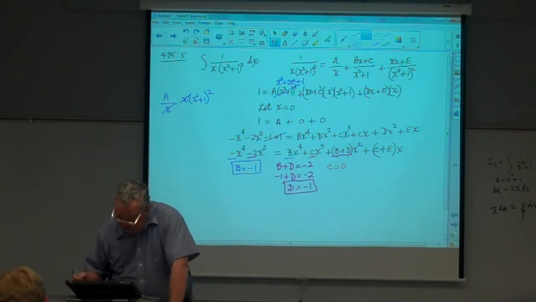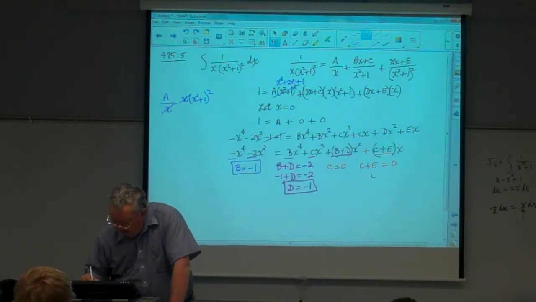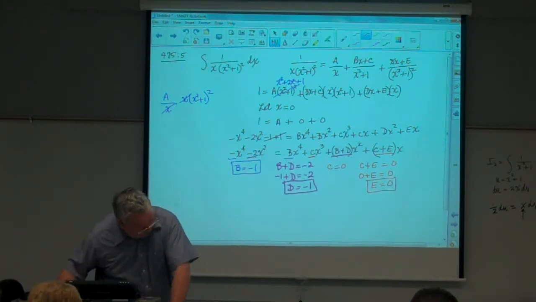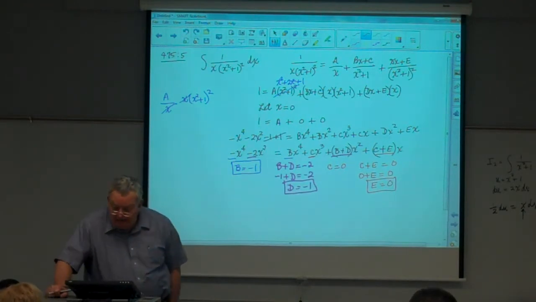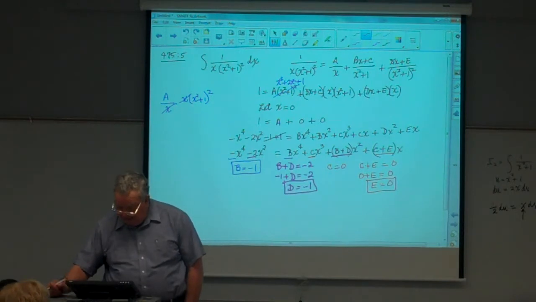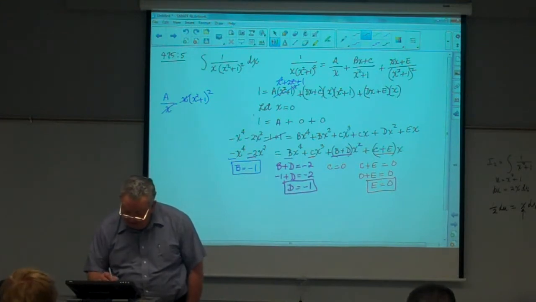Then I know that C plus E is equal to 0, which means that 0 plus E is equal to 0, so E is equal to 0. What do you think? I think it's looking good. I've got everything, don't I?